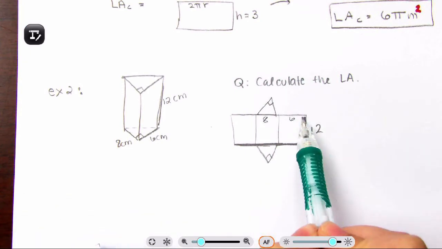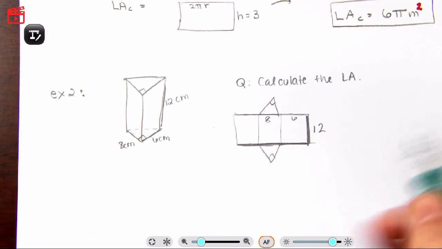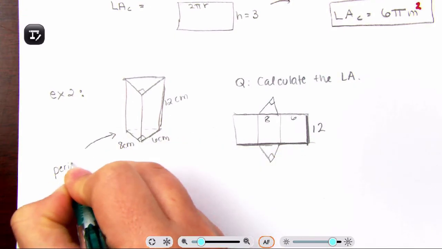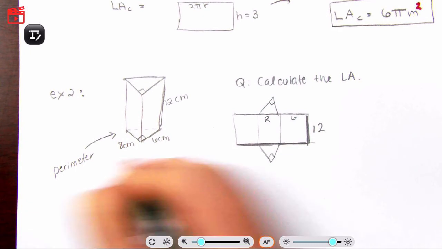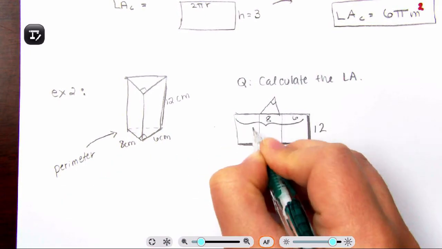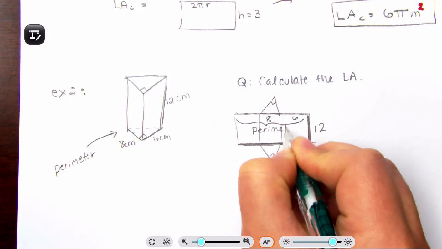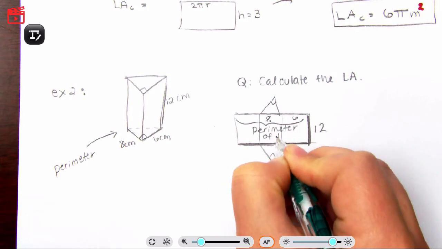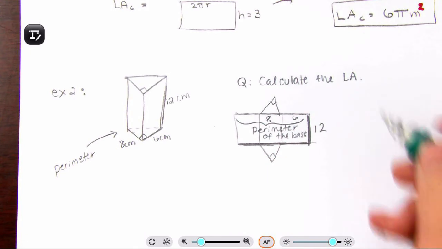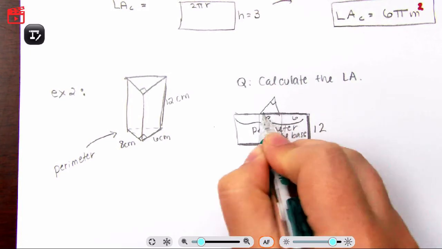So you just want the 3 sides of the triangle. And what we really want is the perimeter right here. We want the perimeter of the base. That's why I said it doesn't really matter where you put the 8 or the 6. So this side is going to be the perimeter of the base.